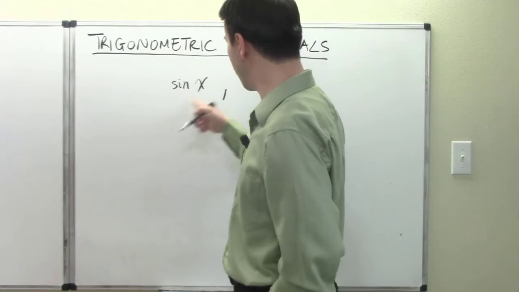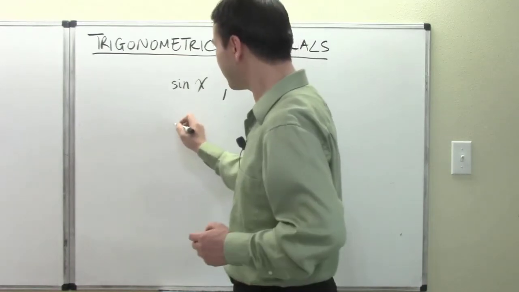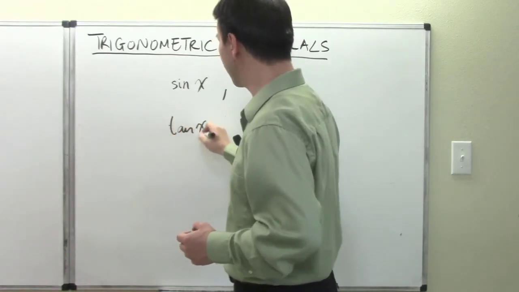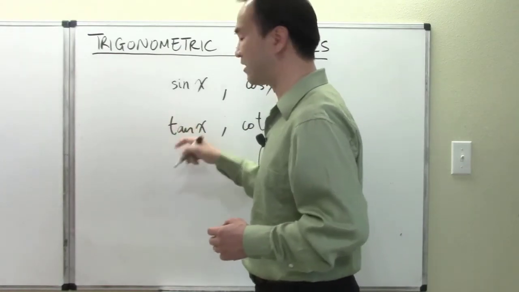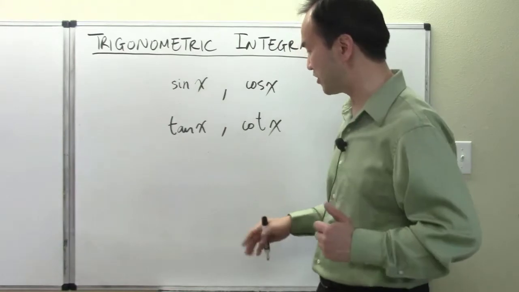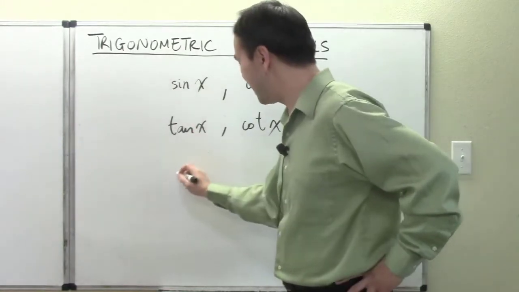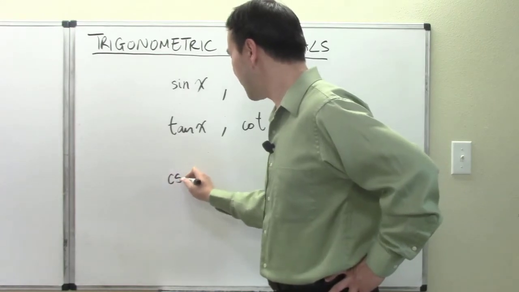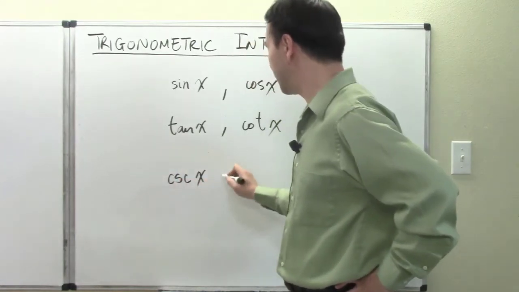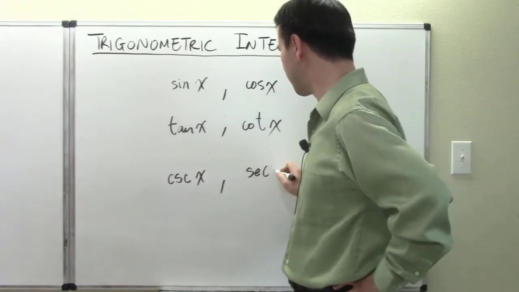So we have sine and cosine, and then we have tangent and cotangent. I don't think I need to remind anyone what these functions mean and how we define them. And then there is cosecant, and there is a secant function of x.